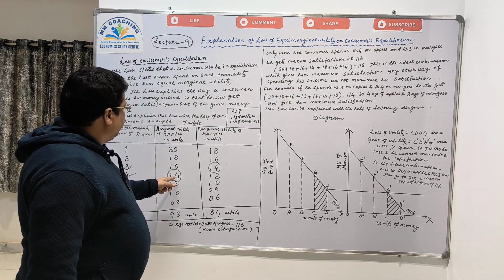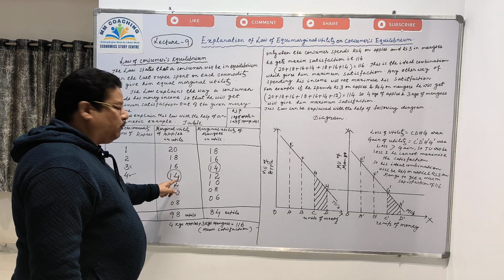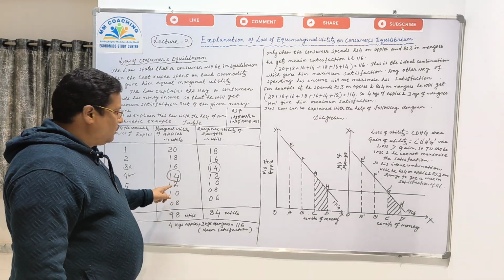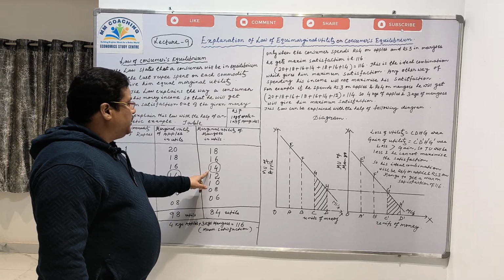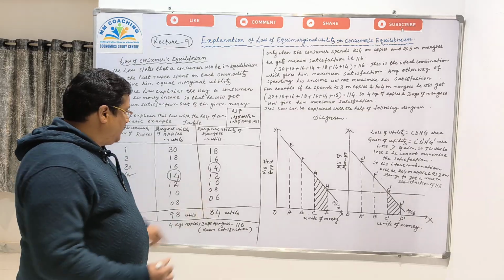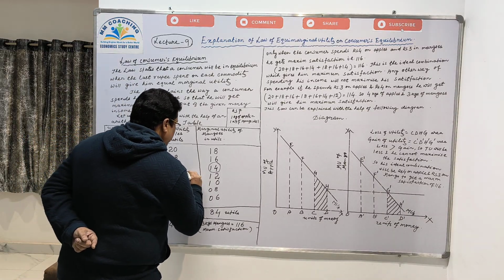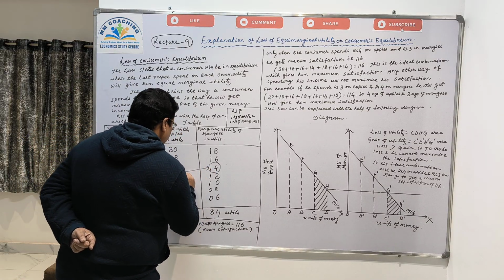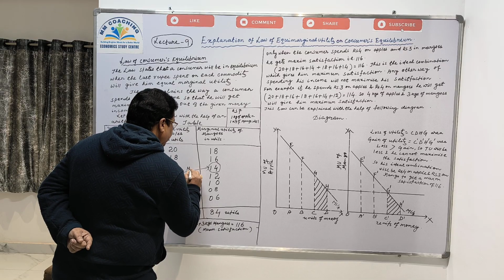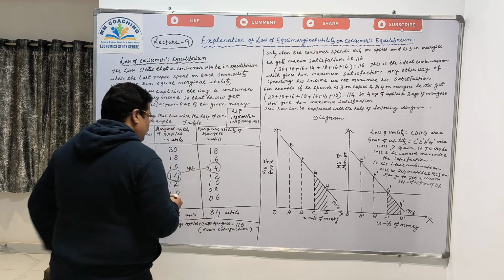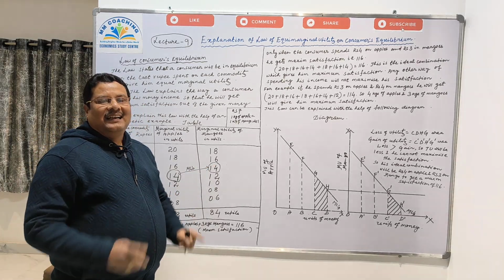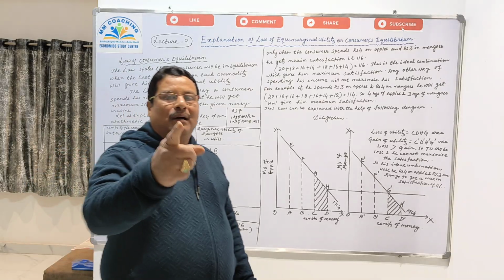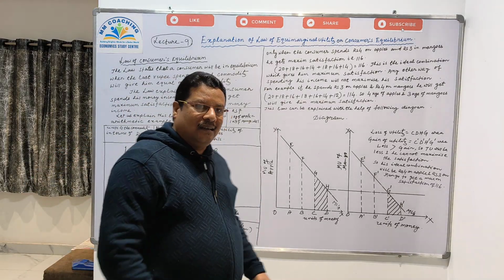So in the last rupee of apples, the fourth rupee, and in the last rupee of mango, the third rupee, marginal utilities are equal. Then only he will get maximum satisfaction.